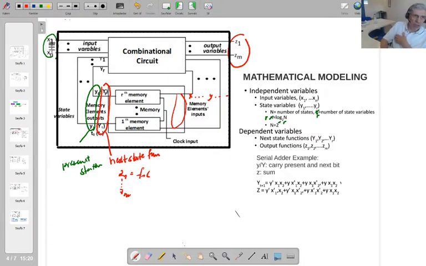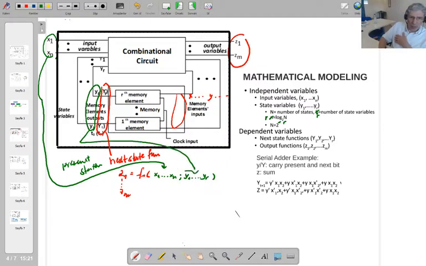What are they? x1 to xn, let me write it in green now, and the small y's, so y1 to yr.